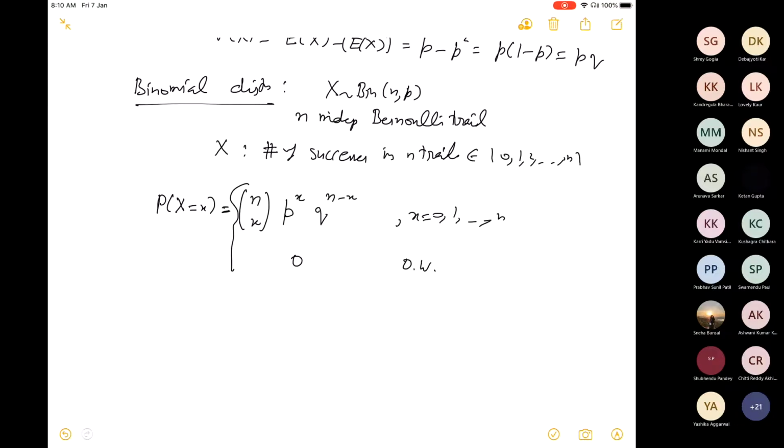Okay, so now let us define the geometric distribution.